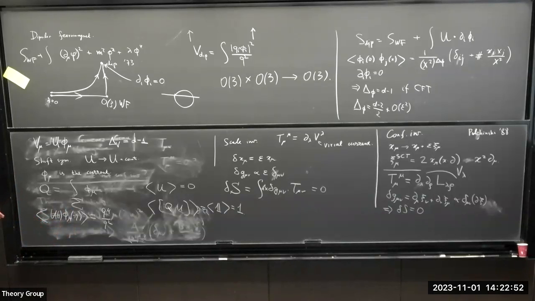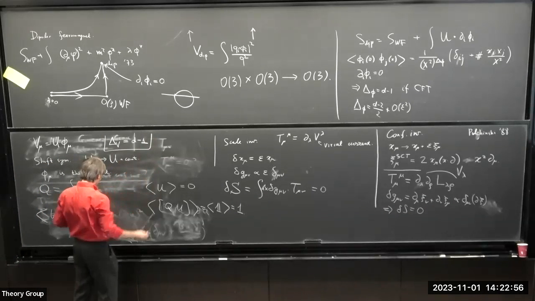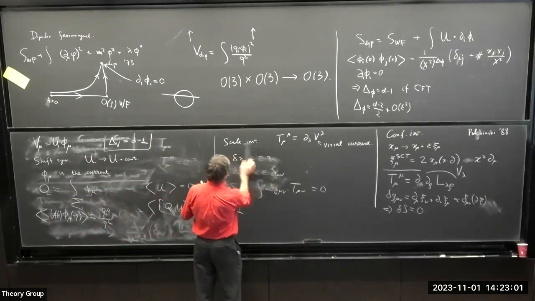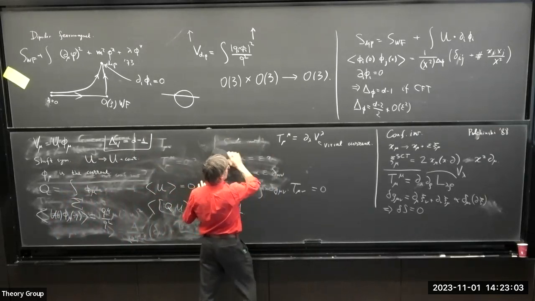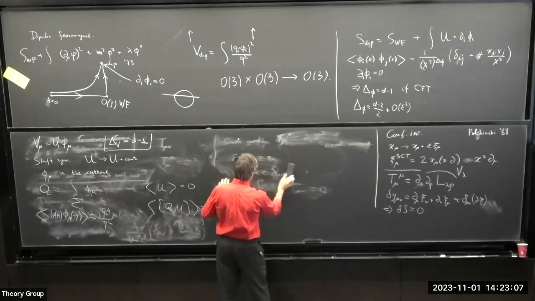But okay, so we have this shift symmetry. How does it explain that delta E is equal to d-1? So this is interesting. And here, this is based on the notion of shift multiplets.